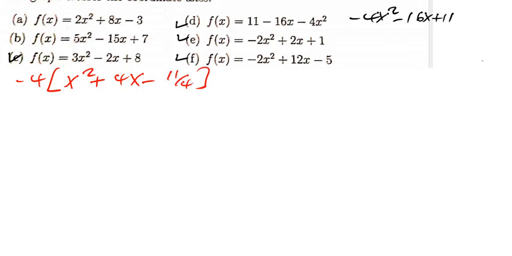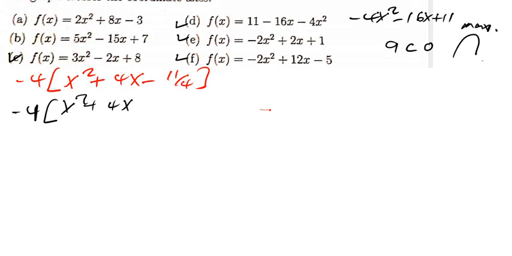What I've done is, if I multiply this by everything here, I'll go back to that. That's the principle. Negative 4 will keep on coming, and remember a is now less than 0, so the graph will have a maximum. So x squared plus 4x, now half of 4 is 2. Square it, minus 2 squared, then minus 11/4, like that.